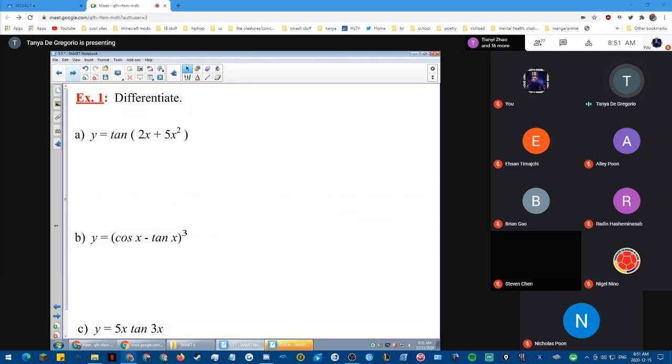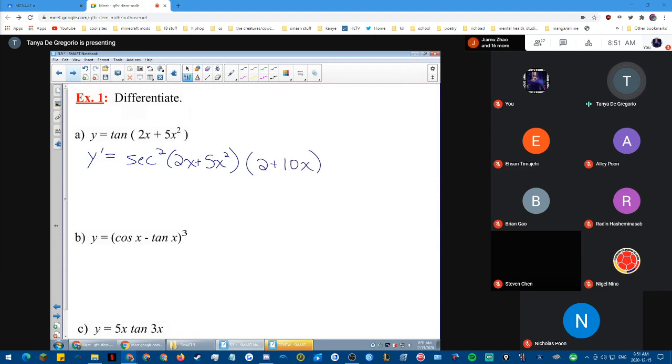So differentiate tan of 2x plus 5x squared. So derivative of tan is? Secant squared. Good. So secant squared of your argument. And our argument is not just x, so we take the derivative, and we see that the derivative is 2 plus 10x.